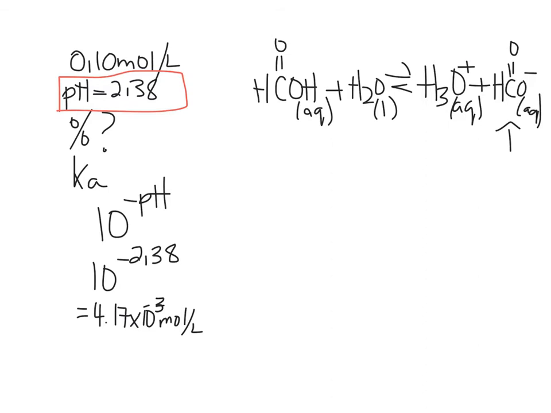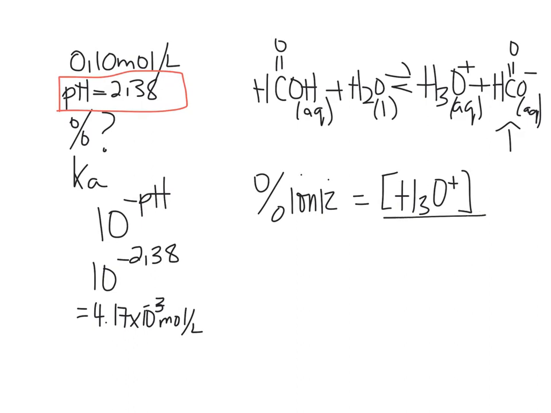If we do percent ionization first, this is equal to how much acid we make, how many acidic hydrogens we make, over the initial amount of acid, times 100%.